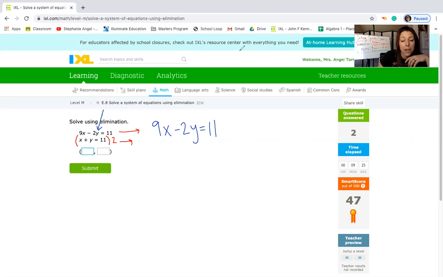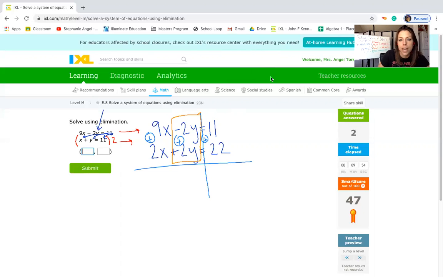But your bottom equation becomes 2x plus 2y equals 22, because all I did was multiply each of these terms by 2. What does that do? Well, that gives us opposite terms. With opposite terms, to create 0, we're going to add. So we're going to add all of our like terms here.